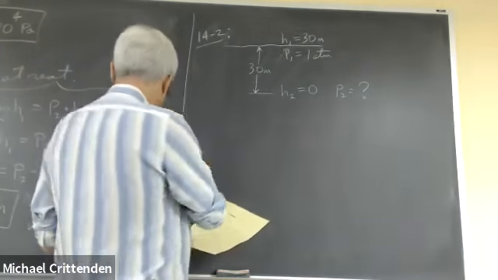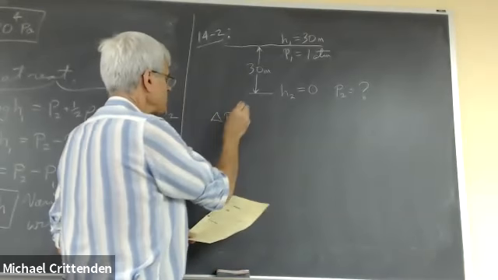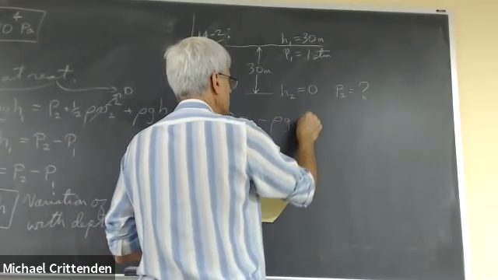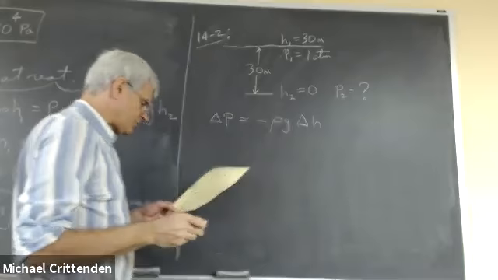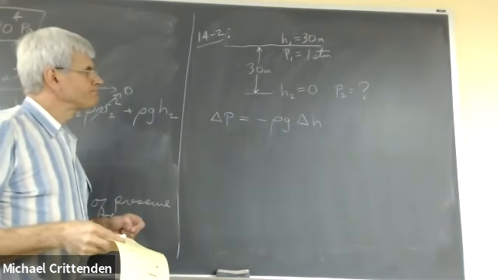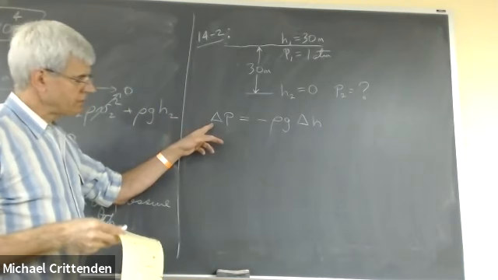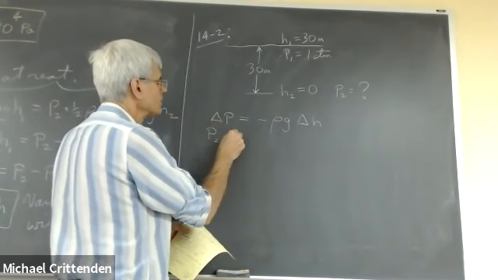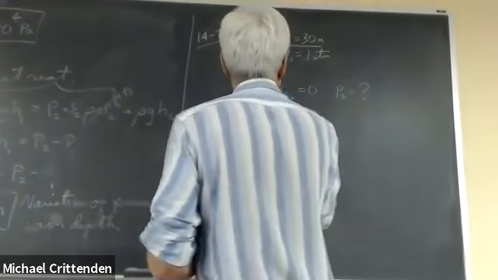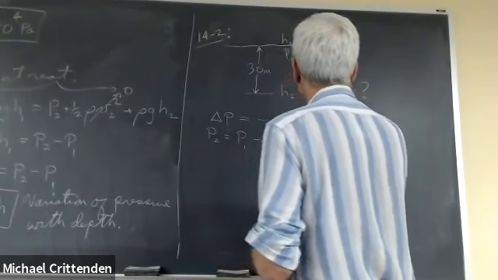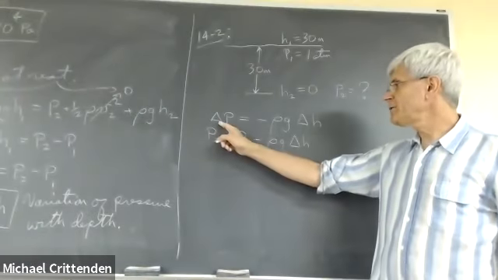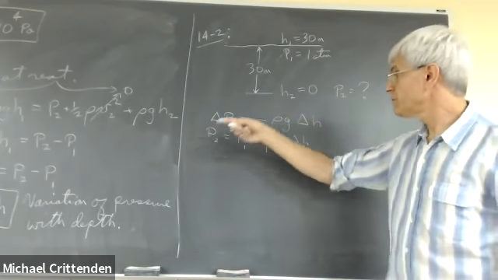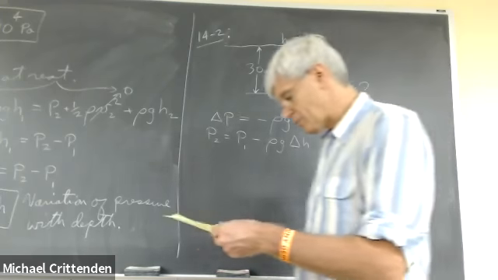So from over there, the difference in pressure between those 2 points is minus rho g times delta H. Delta P is P2 minus P1. I added P1 to both sides because the pressure here is what I'm trying to find.